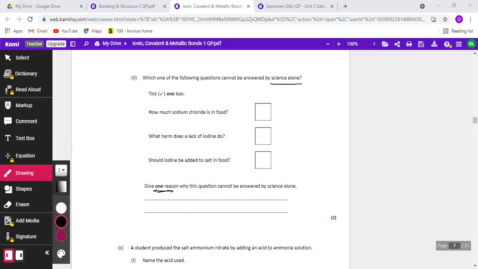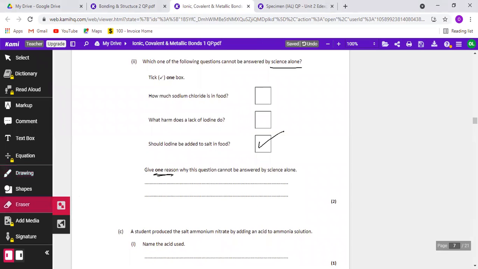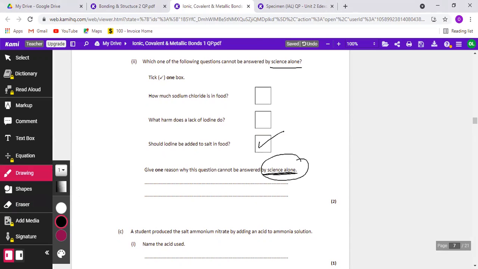Yes, correct. This is correct. But what reason are you going to give? Science can only prove the things that are possible experimentally. But here we cannot do the experiment on living creatures such as human beings and their learning ability.